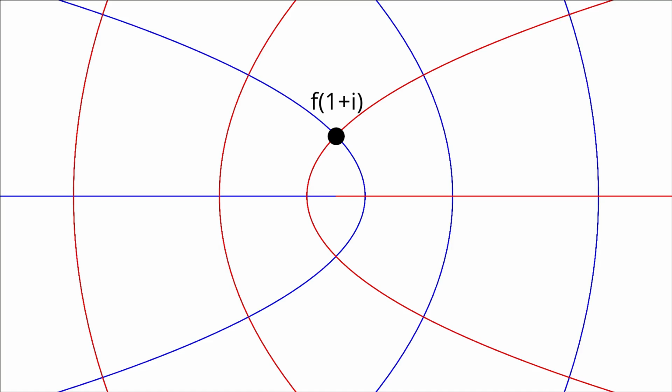If z equals 1 plus i, then taking steps along the red curve gives us f of i and f of 2 plus i, with z increasing in one direction and decreasing in the other. Similarly, stepping along the blue curve gives us f of 1 and f of 1 plus 2i. This idea of stepping along curves is how you can read these graphs.